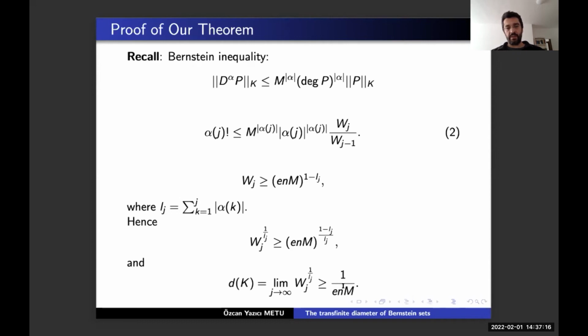After we take the limit, we get on the right-hand side 1 over eNM, and we prove our result. So in particular, this shows that Bernstein sets are not pluripolar, but that was known earlier. It's nothing new, I would say. But this lower bound here is new.